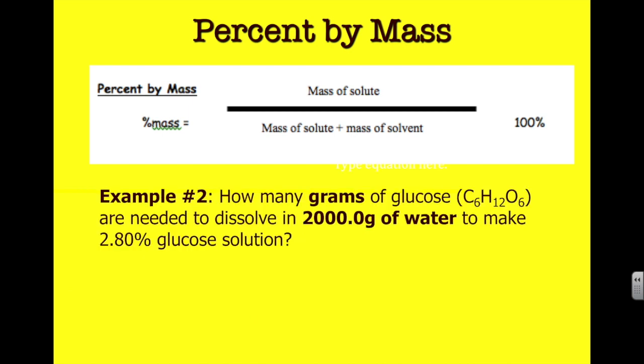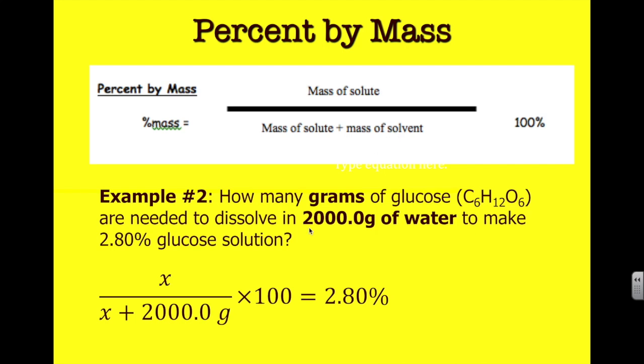So for example number 2, how many grams of glucose are needed to dissolve in 2,000.0 grams of water to make a 2.80% glucose solution? So we have a 2.80% glucose solution here, and we don't know the mass of solute, but we do know that this is 2,000 grams of water.